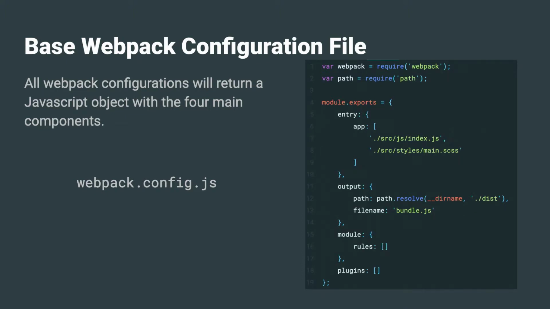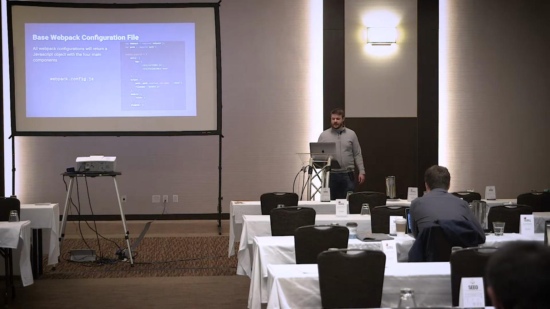We're going to start with 2 entry points: our JavaScript and a Sass file. We're going to spit those out into a folder called dist, and we're going to name that JavaScript bundle bundle.js. So it's pretty simple: we have a file, we include everything within that file, and we spit it out into another folder.